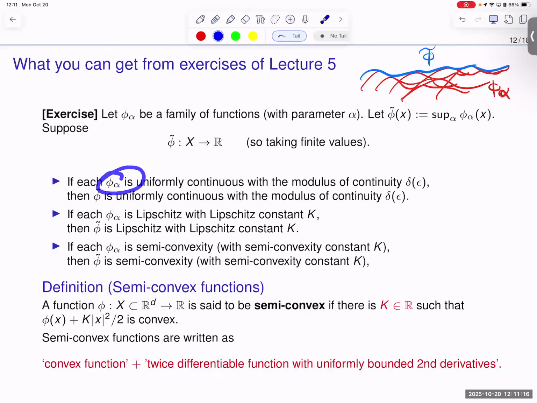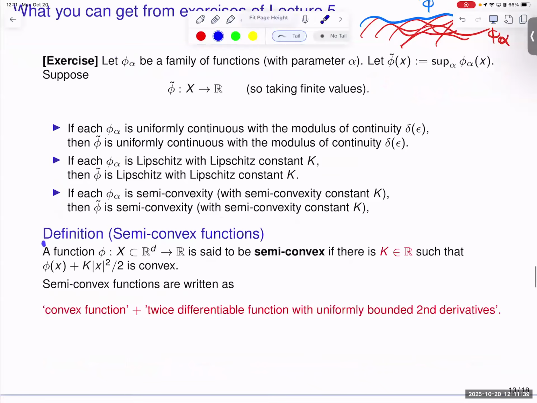If each phi alpha is uniformly continuous with modulus of continuity, let's say delta, then the supremum of that family has the same modulus of continuity. If each phi alpha is Lipschitz with Lipschitz constant k, then the supremum of the family has also the same Lipschitz constant k. If phi alpha is semi-convex, what is semi-convexity?